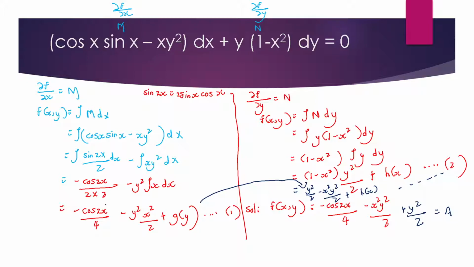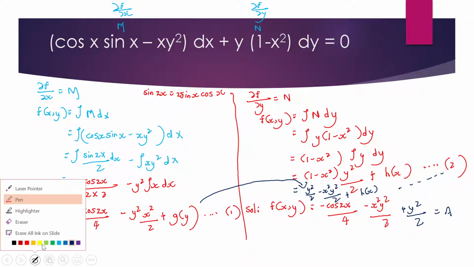The solution is f(x,y), starting from equation 1, one term, two term. g(y) is y squared over 2. This one is already taken, so don't take it anymore. If you start from equation 2, you have y squared over 2 and negative x squared y squared over 2, which is the second term. Then h(x) is negative cos 2x over 4.